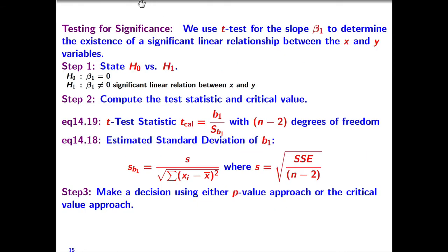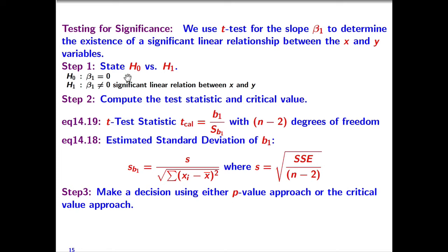The next topic involves hypothesis testing with the so-called 3-step procedure that we will use for the testing. Testing for significance. We use a t-test for the true slope beta 1 to determine the existence of a significant linear relationship between x and y.